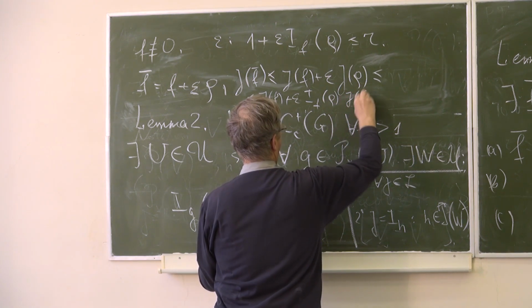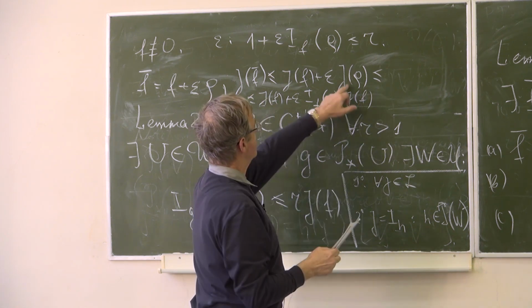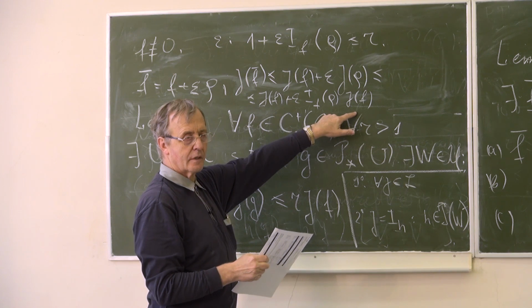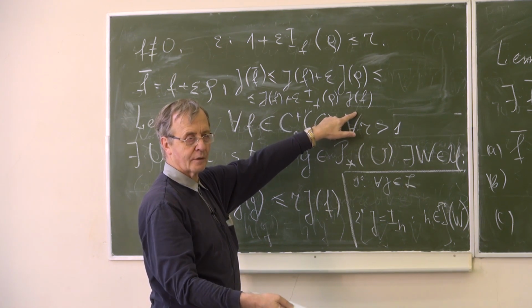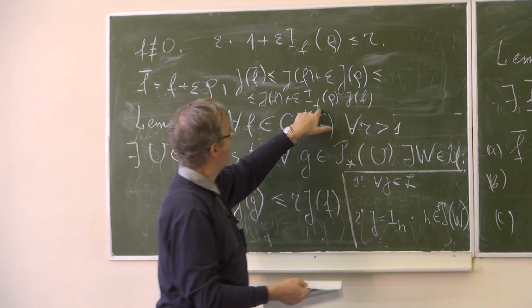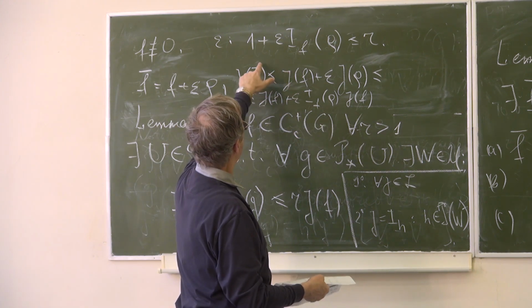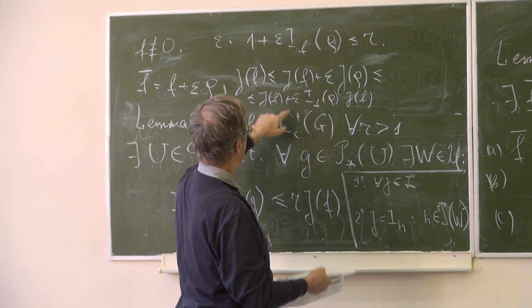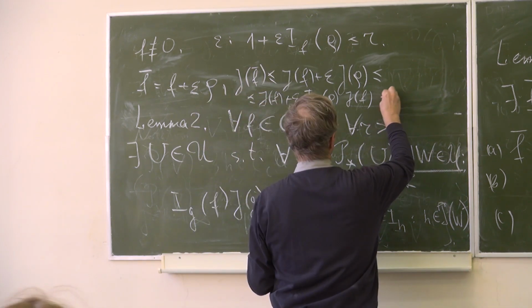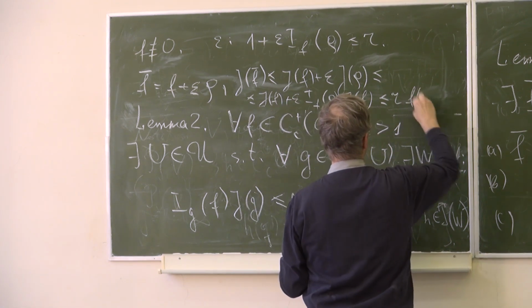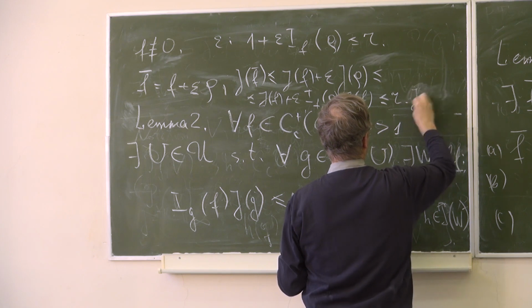So g of rho is dominated by this product. The very first inequality we proved from the definition of this functional. Yes? And now recall the choice of epsilon. And we see that this is less than or equal to r g of f.